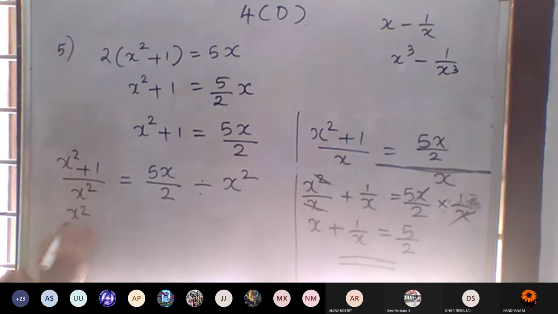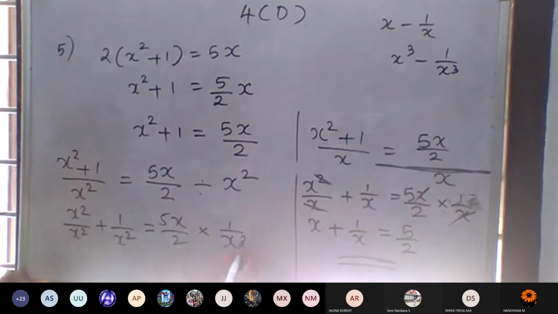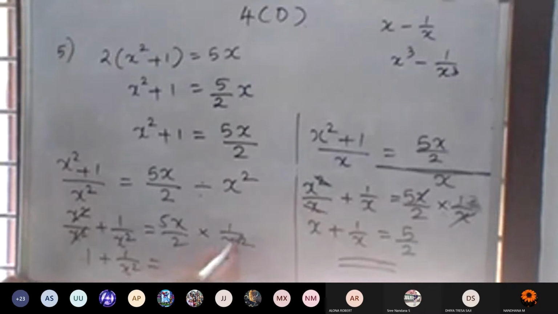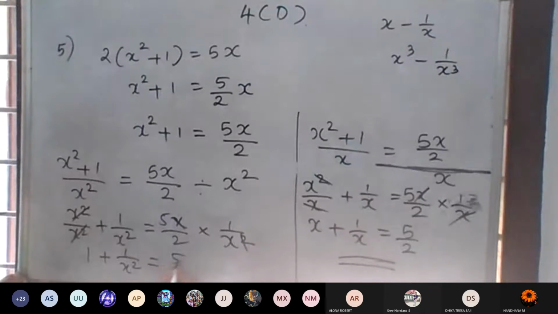So, x square by x square plus 1 by x square is equal to 5x by 2 into 1 by x square, isn't it? X square we can cancel as 1 plus 1 by x square is equal to 5 by 2x.